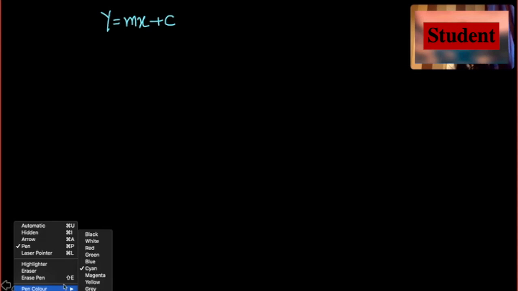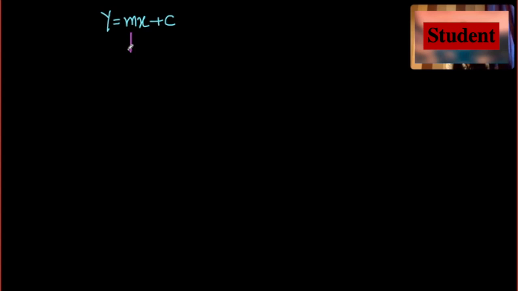See, y equal to mx plus c. This is the equation of a straight line. Let's decode this. What is m here? That's the slope.